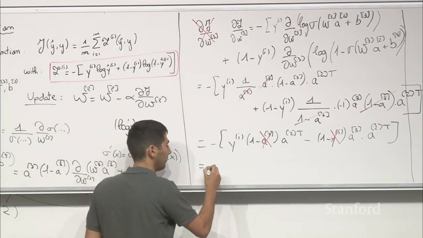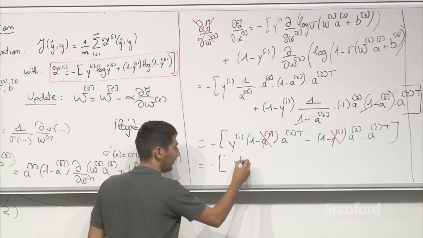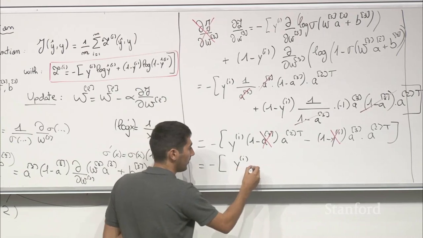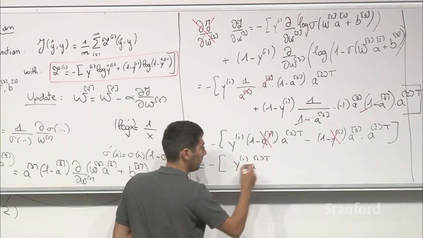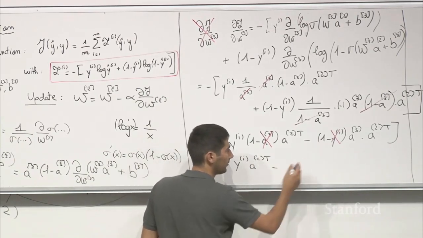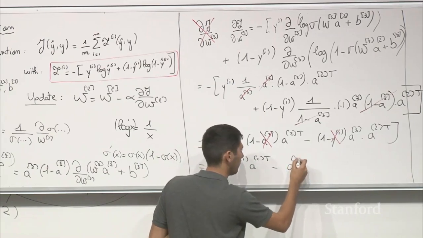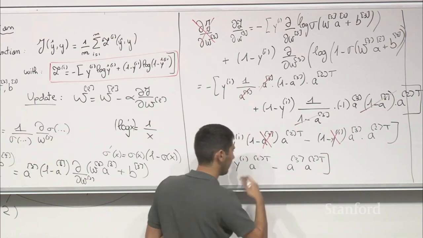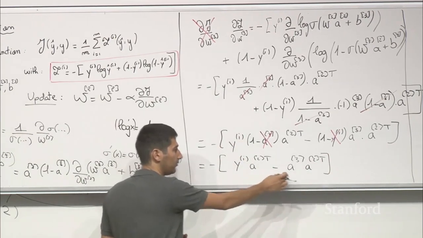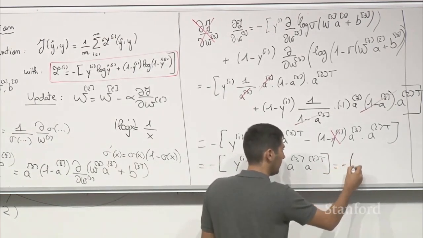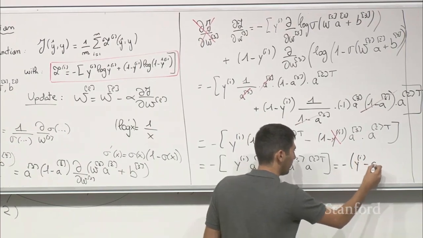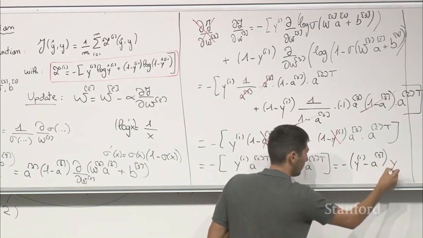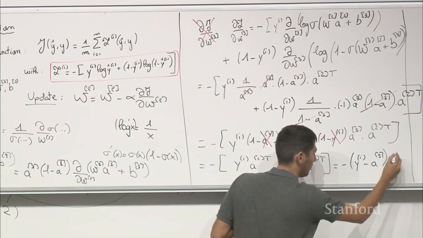Going to continue. It gives me yi times A2 transpose, this part, minus A3 times A2 transpose. I can factor this because I have the same term A2 transpose, and it gives me finally yi minus A3 times A2 transpose.